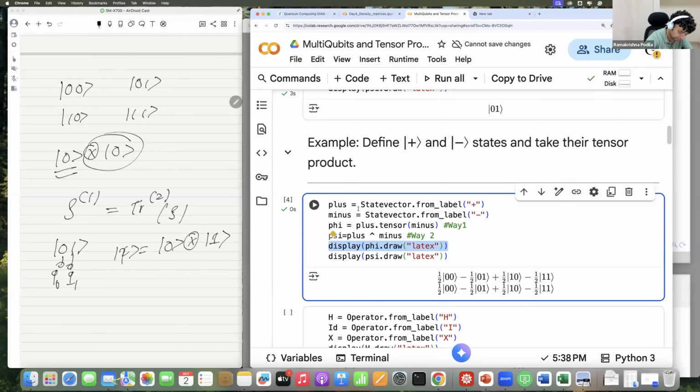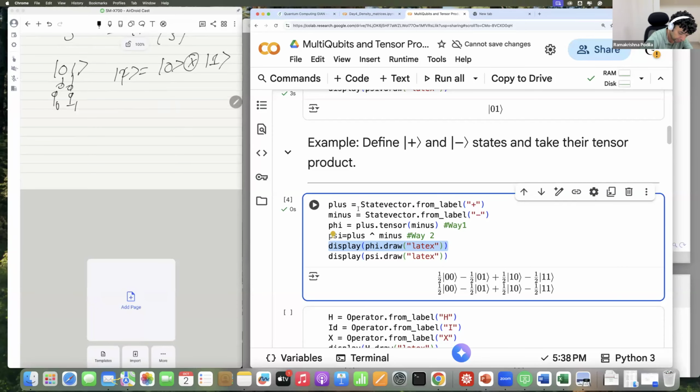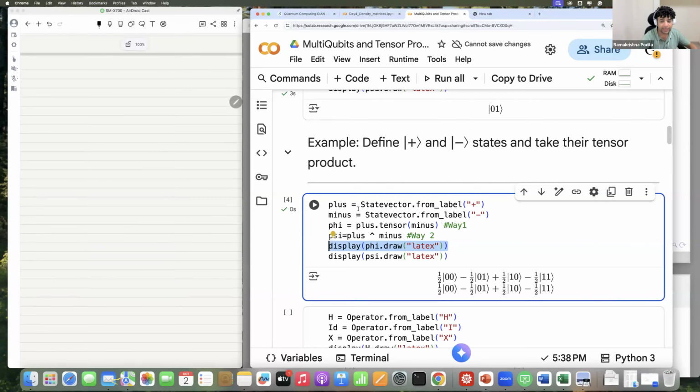Now let's say I want to ask you a question to make sure you're able to follow me. Let us say I take two operators. Let us say I take the Hadamard operator, which is 1 over square root 2, 1, 1, 1, minus 1. Let's just call this H1. This is the Hadamard operator for qubit 1.